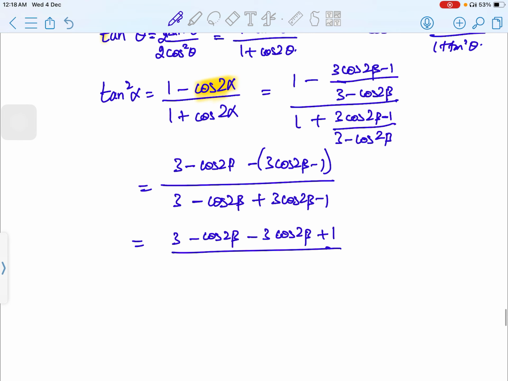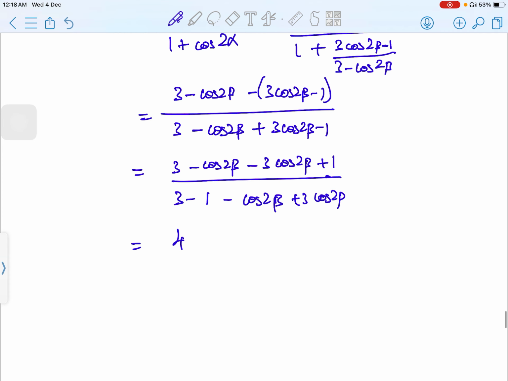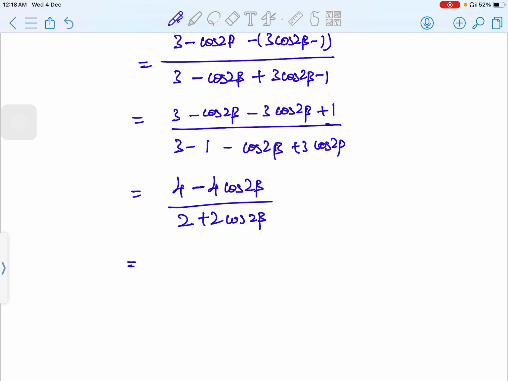Here it will be 3 minus 1, 2 cos 2 beta plus 3 cos 2 beta. So nothing but 4 minus 4 times cos 2 beta divided by 2 plus 2 times cos 2 beta. So when you take common from the numerator, you will take 4 itself common out.